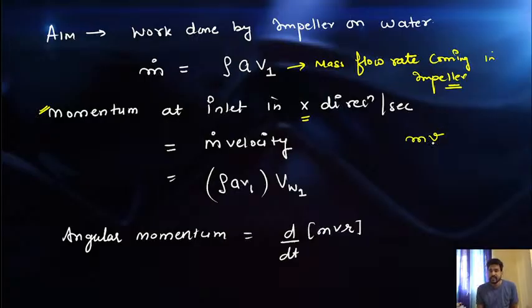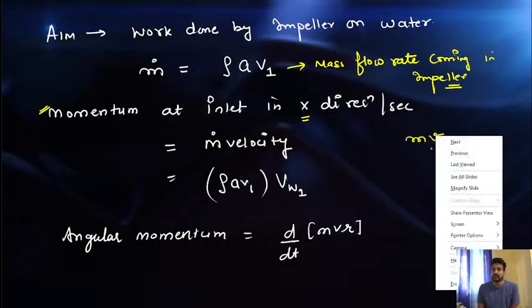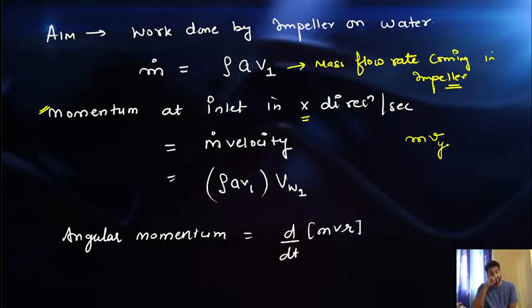The direction of the velocity is the direction in which you want to calculate the momentum. That's it. If you are balancing the momentum or writing the momentum in the x direction, you have to take the velocity in the x direction. If you are writing the momentum equation in the y direction, you have to take the velocity in the y direction.